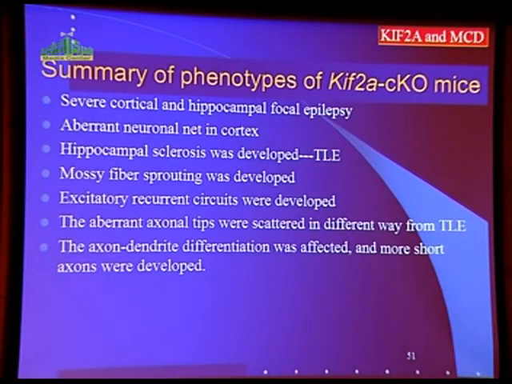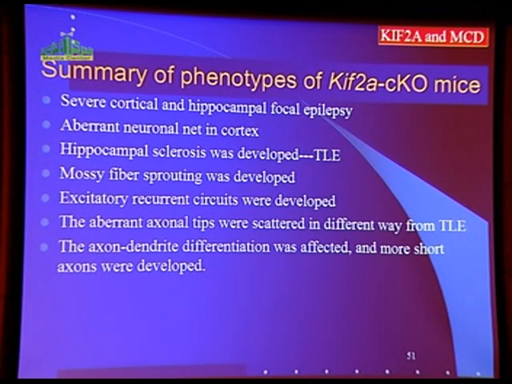Okay, this is a summary of the phenotype for KIF2A conditional knockout. So severe cortical and hippocampal focal epilepsy occurs. And that is because aberrant neuronal network formed in cortex and hippocampus. And also axon dendritic differentiation was affected in this knockout mice.